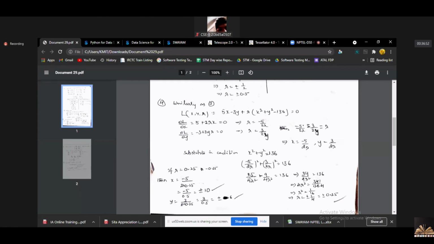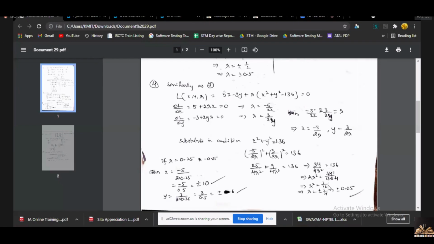Upon squaring, we get 34 by 4 lambda square equal to 136. So lambda square equals 1 by 16, and lambda is plus or minus 1 by 4. This 1 by 4 we can write as 0.25. So now we got the lambda value as plus or minus 0.25.